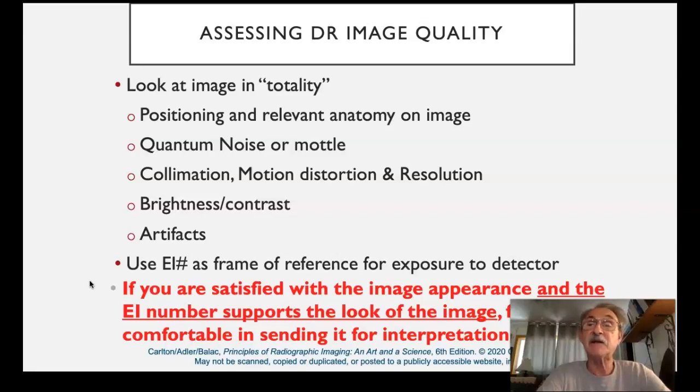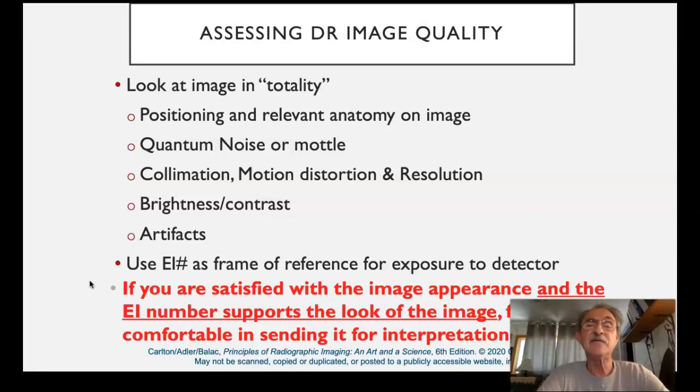Are the spinous processes equal and all in a column? Do I have quantum noise or quantum mottle on my image? And that will be indicative of my exposure index number. If it indicates underexposure, it's likely that I have a certain amount of quantum mottle on it.